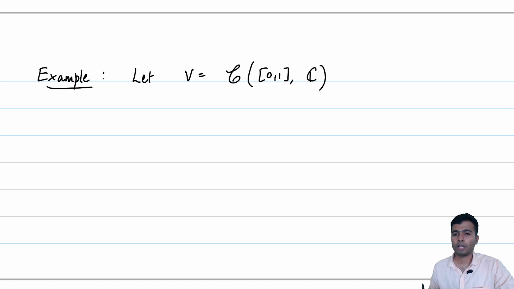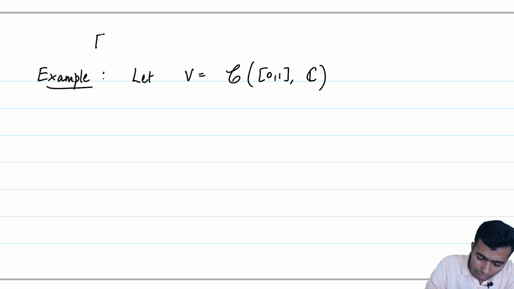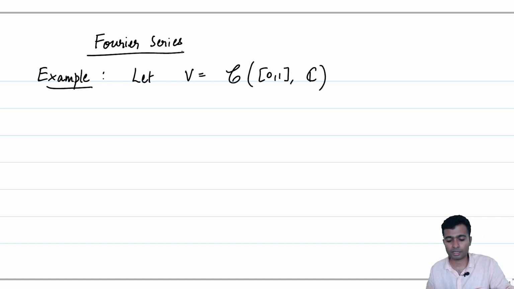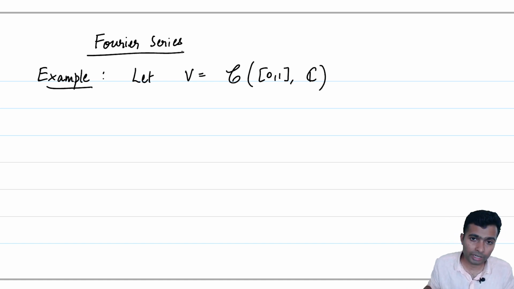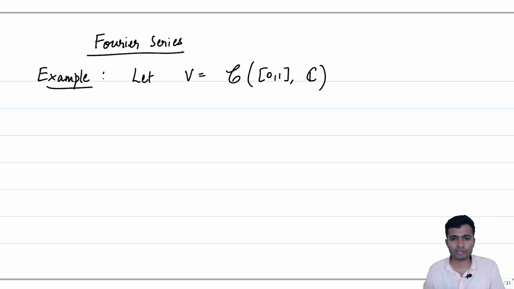So this example, let me just put here the name as Fourier series. A course in Fourier analysis is a standard one in graduate studies. Because of the vastness of the subject, this is just skimming over the tip of the iceberg, but nevertheless it's a good place to give an example.